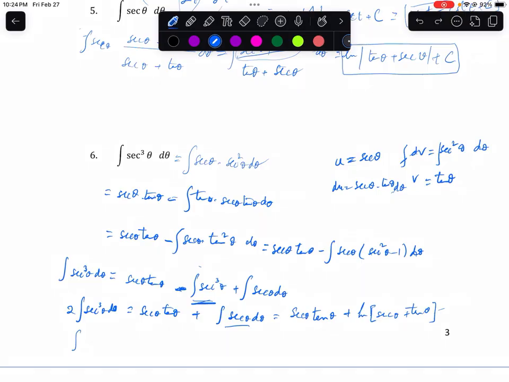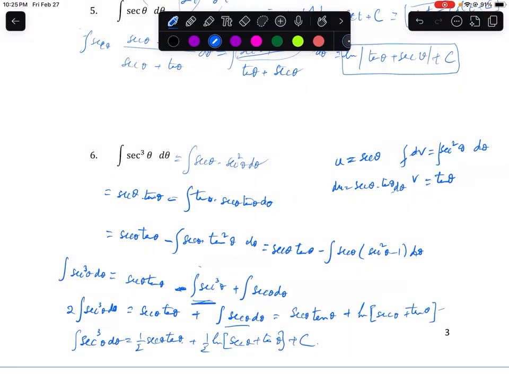So the integral of secant cube theta d theta will be equal to 1/2 secant theta times tangent theta plus 1/2 ln of secant theta plus tangent theta plus c.